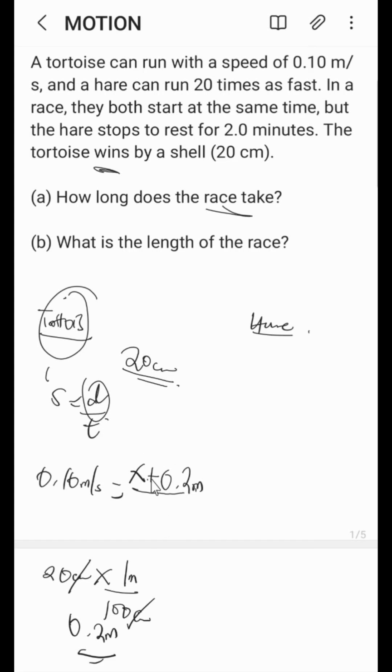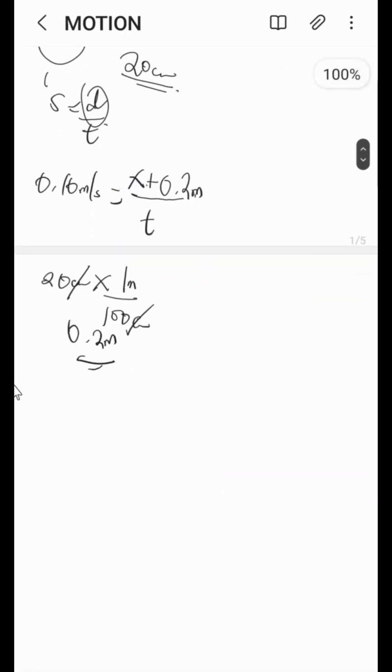So the time it took, that is the time it took. This time is the time it took for the whole trip, right? Because the tortoise reached the final point, the finishing line.